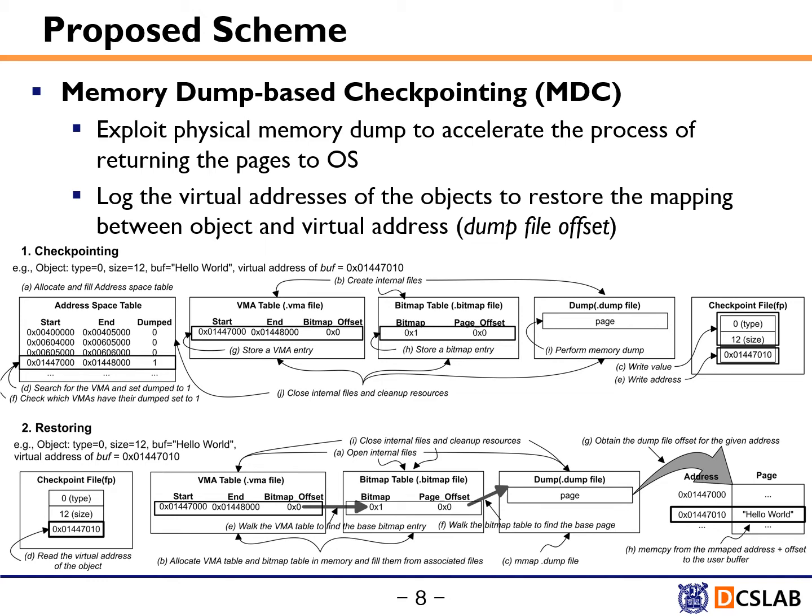Physical memory dump allows the pages to be released in a sequential logical address order as soon as they are written to disk. For restoring the original data from the physical memory dump, MDC logs the virtual address of the object instead of writing the objects themselves. I'll explain how it works in later slides.